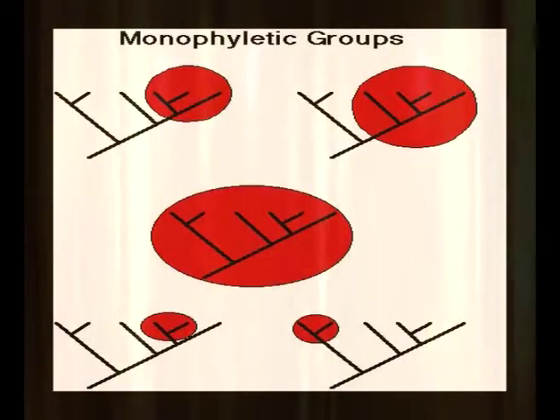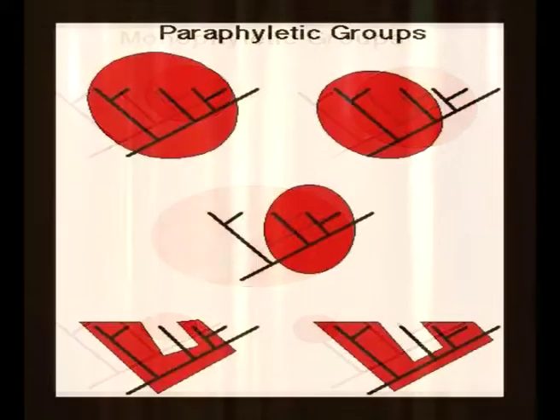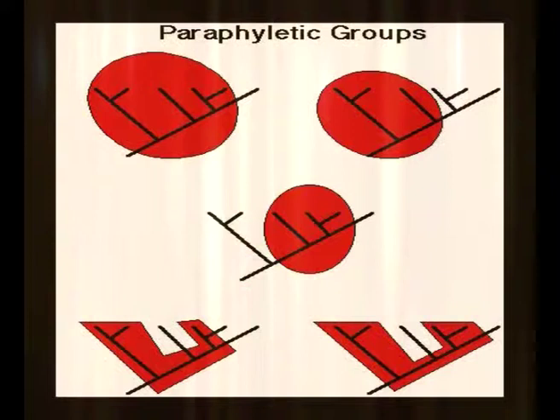Hennig distinguished three kinds of cladistic groupings. Monophyletic groups contain the common ancestor and all of its descendants. Paraphyletic groups are descended from a common ancestor, usually now extinct and known as the stem group, but do not include all descendants.